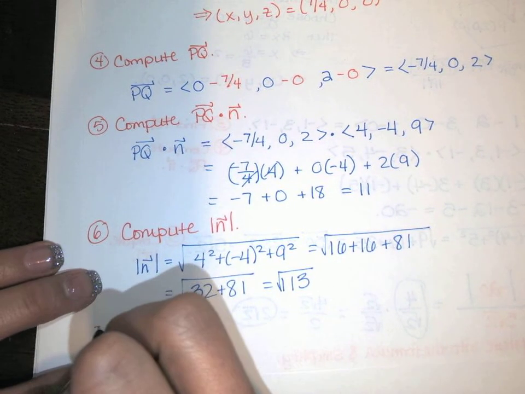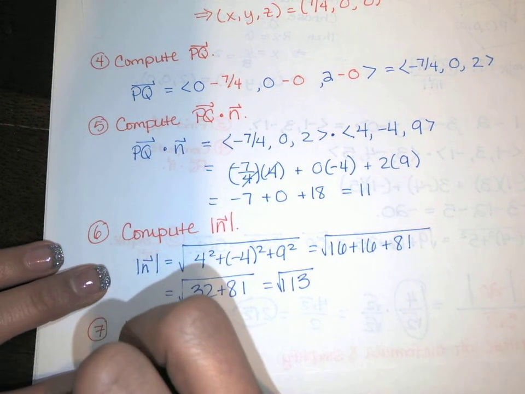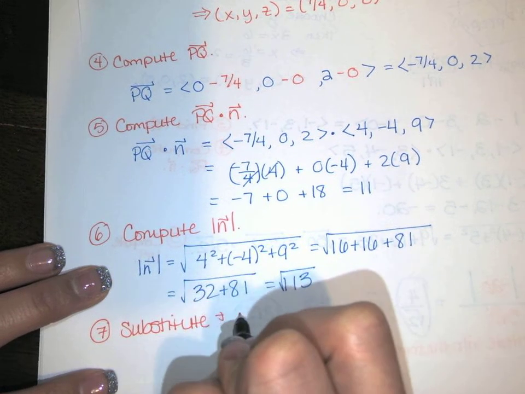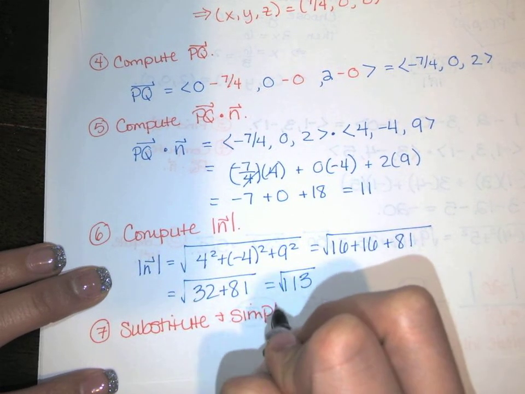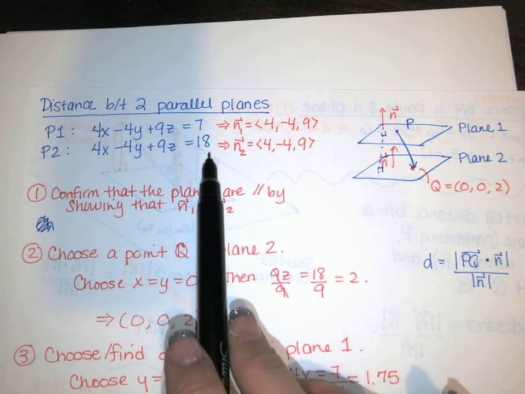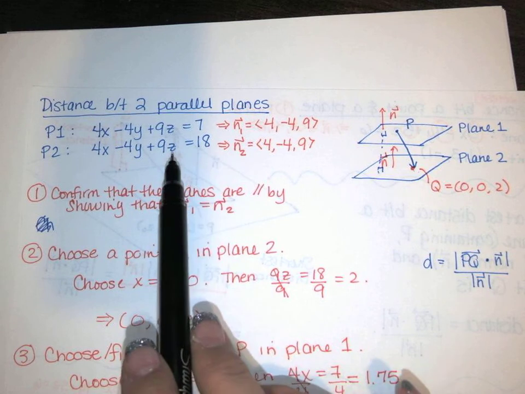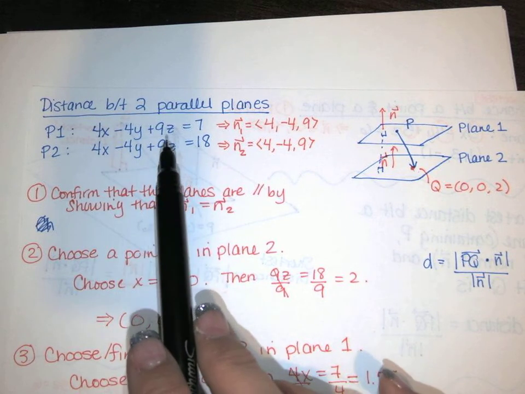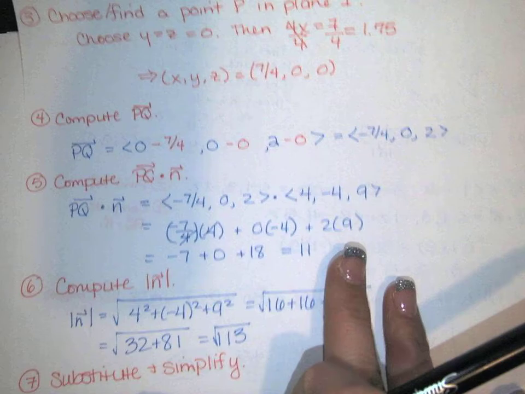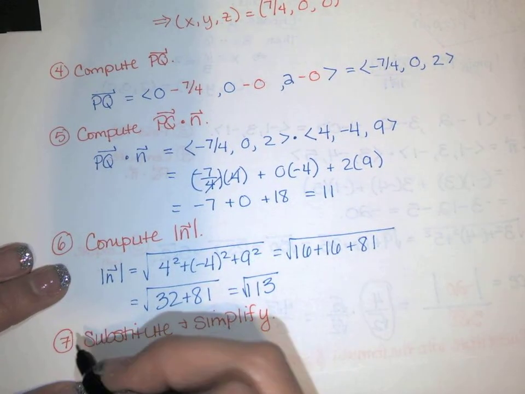All right, so what's the distance? You're going to substitute all those values into your formula and simplify. A lot of students look at this and say, the distance between the planes is obviously 11, I just subtract them. If you subtract them, you're going to get 0 equals 11. That's not true, so it's not the distance between the planes.